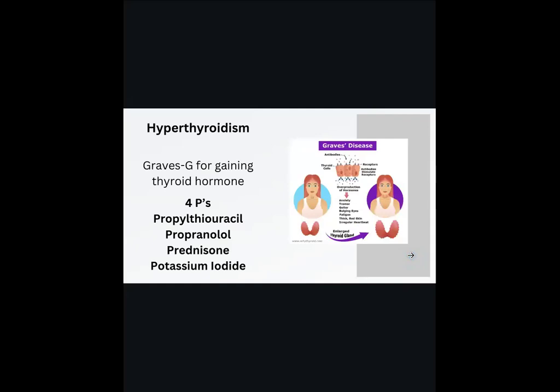Okay, hyperthyroidism. It can be caused by a ton of things, but all of them result in excess thyroid hormone. And it manifests as a goiter, so an increased size of your thyroid gland, and exophthalmos, which is the bulging of the eyes. This is due to inflammation of the fat and muscle behind your eyes, which causes your eyes to pop.